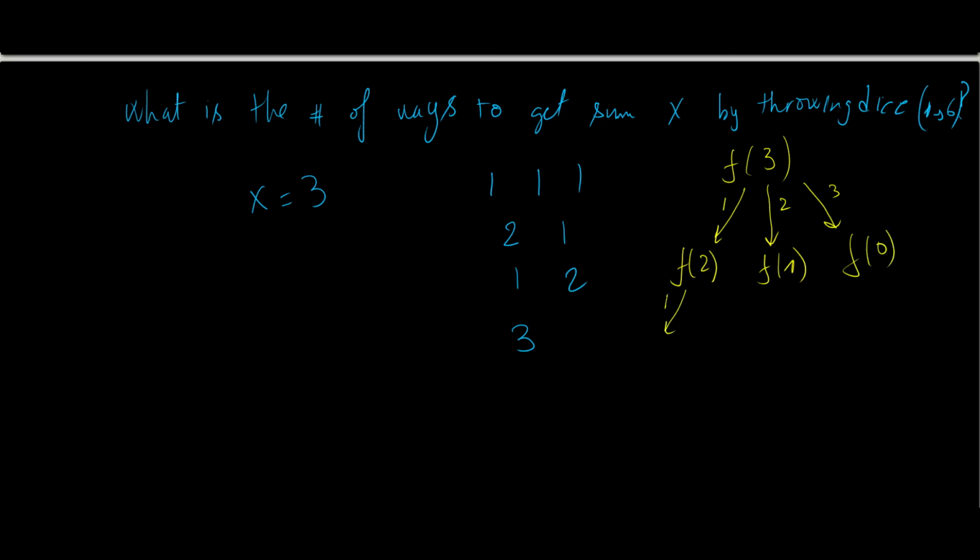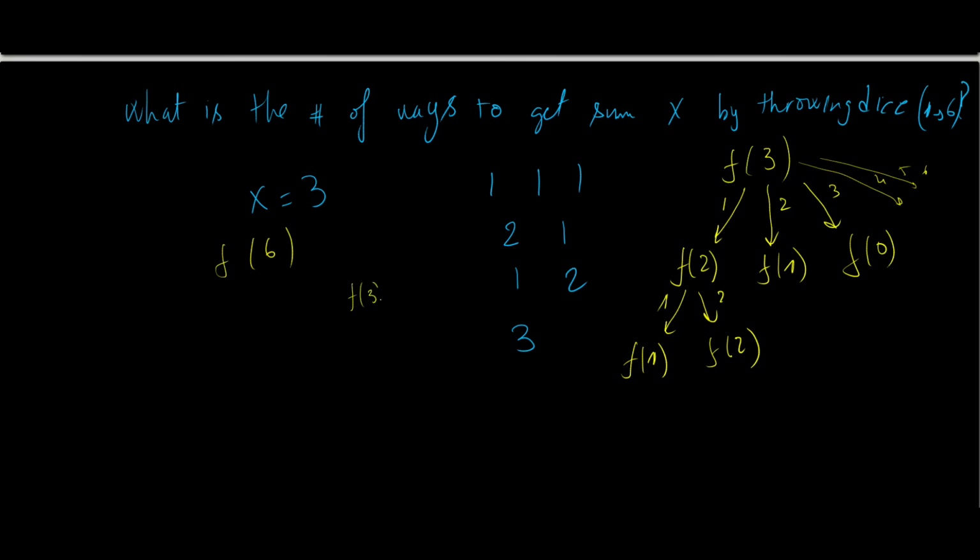And again, if we got a 1 on the first throw, this will lead to f of 1, and this will lead to f of 0 if we got 2 on the first throw. In this example, we cannot consider a throw of 4 or 5 or 6 because they will be too large for this sum. But if we had f of 6, then all these will be possible.